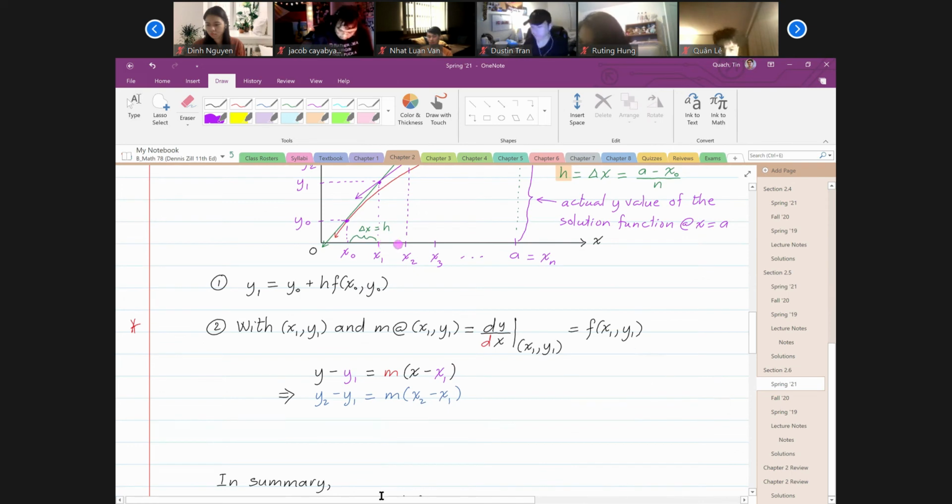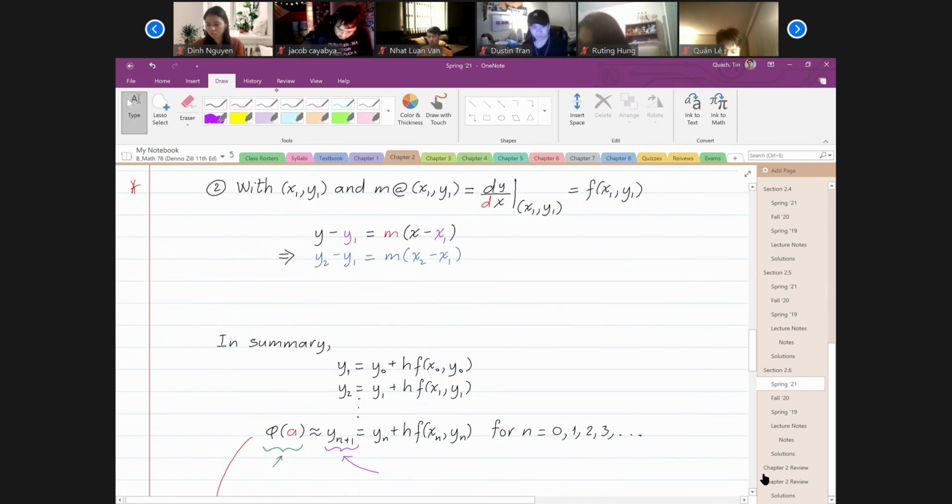So you know that y sub 2 minus y sub 1 is the slope, f of x sub 1, y sub 1, times h.